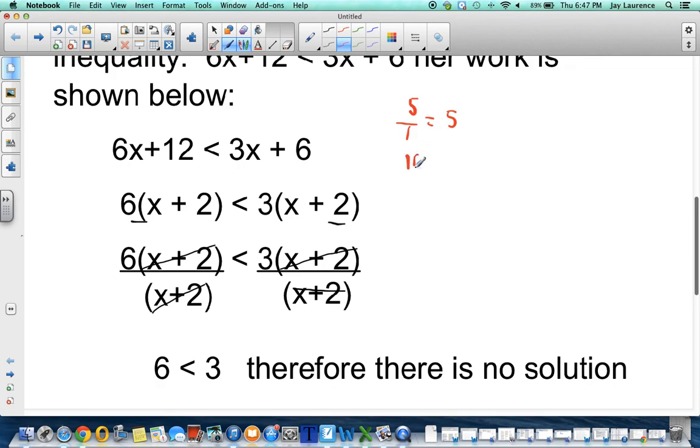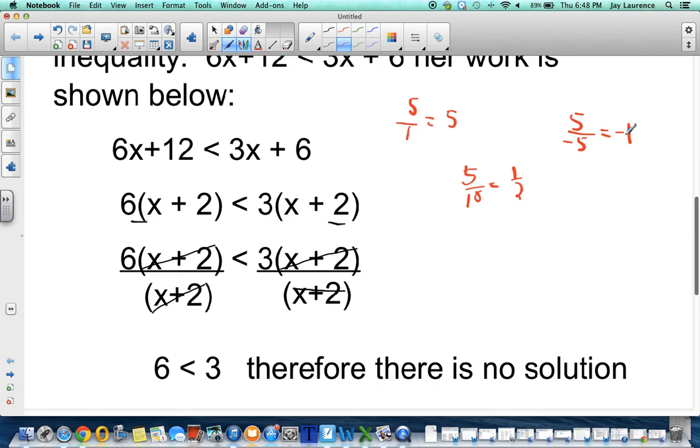Can I divide by bigger numbers like 10? Yeah, sure I can. 5 divided by 10 is 1/2, right? Can I divide by negatives? Sure, 5 divided by -5 is -1.